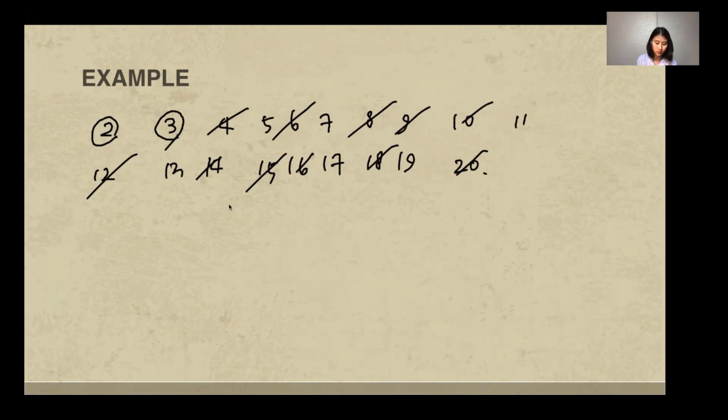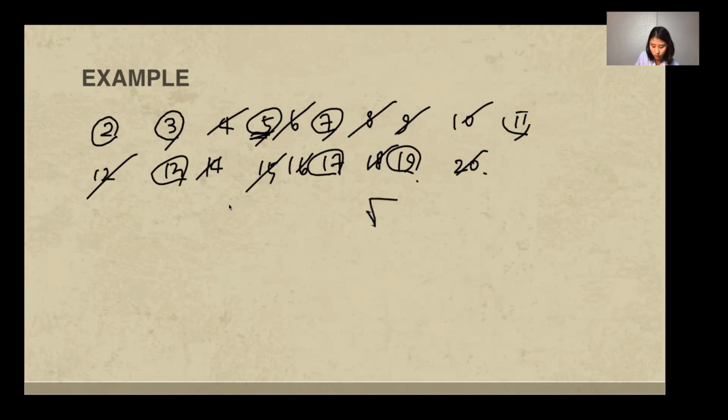Then we're going to move on to 5 and cross out all the numbers divisible by 5, but we realize that none of these numbers are divisible by 5. And so is 7. None of these numbers are divisible by 7, and so on and so forth. By the time we reach 5, all the numbers would just be circled.